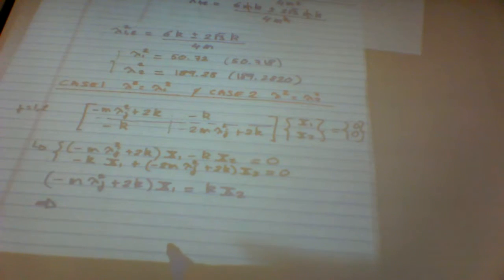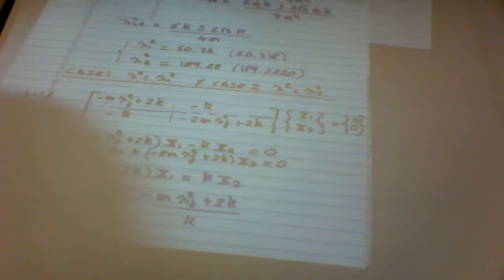So that means that x2 over x1 will be equal to minus m lambda j squared plus 2k, over k.